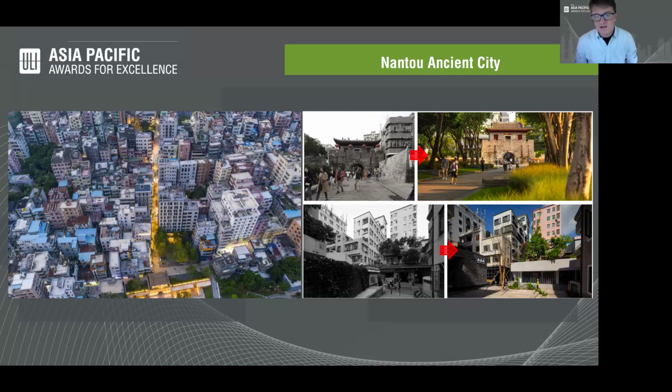And in the course of that, the new city basically absorbed various pre-existing villages that were always in place along the Hong Kong border.